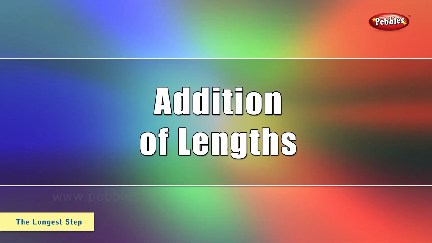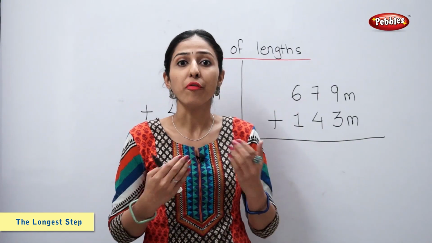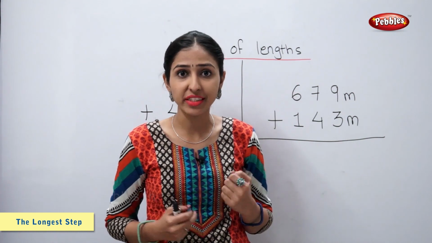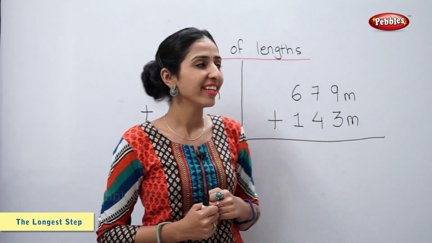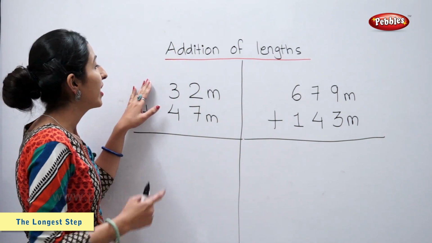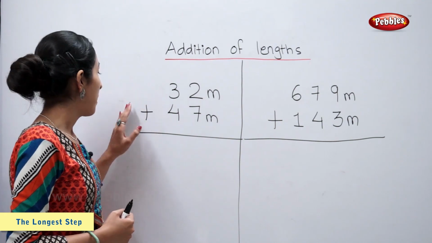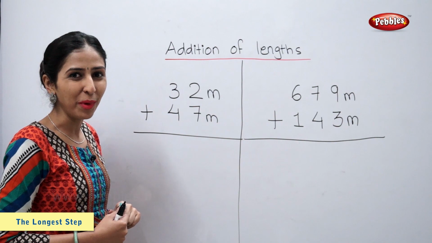Addition of lengths. To add lengths in meters or centimeters, we simply add the numbers and write the units. Now, let's solve these examples. 32 meters plus 47 meters is equal to how much?